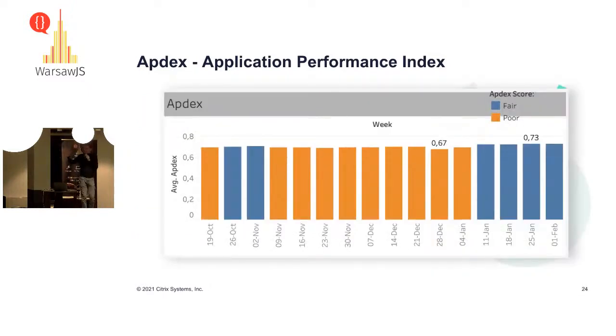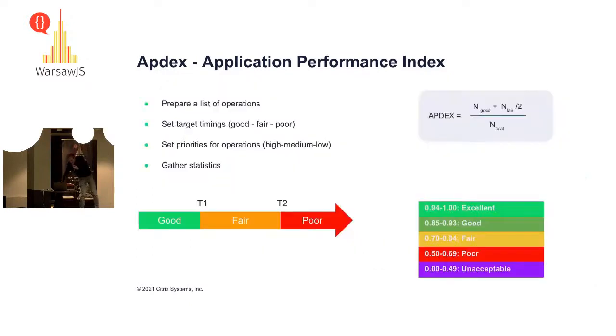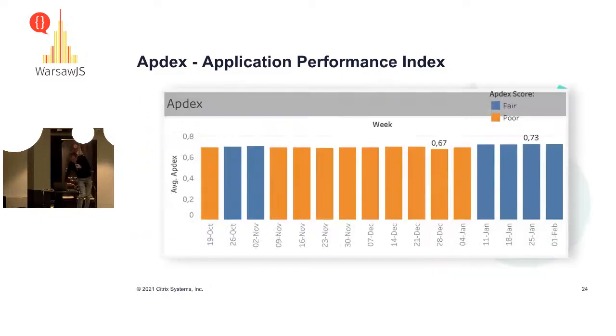We actually had some basic implementation of performance tracking for a few months, and that's how we saw our Apdex when we reviewed it. And it was really, really bad. As I told just now, poor performance is under 0.7, right? Here you can see that it is poor.